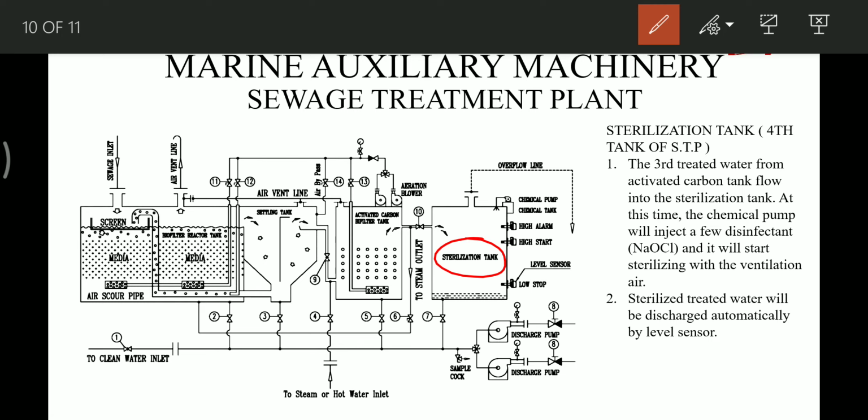So basically the disinfectant is injected in this tank so that it can kill the remaining bacteria. When the treated water keeps on collecting in this tank, with the help of these sensors it is discharged overboard by these pumps.